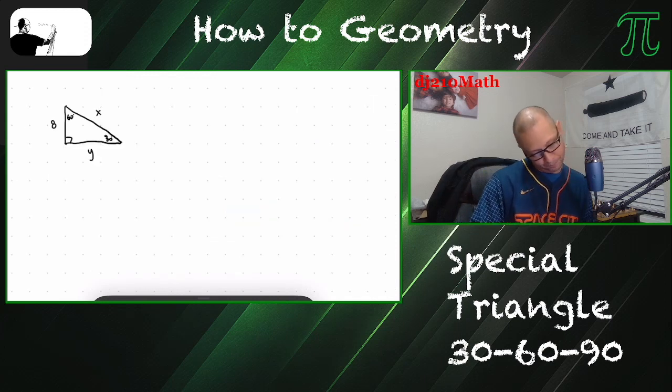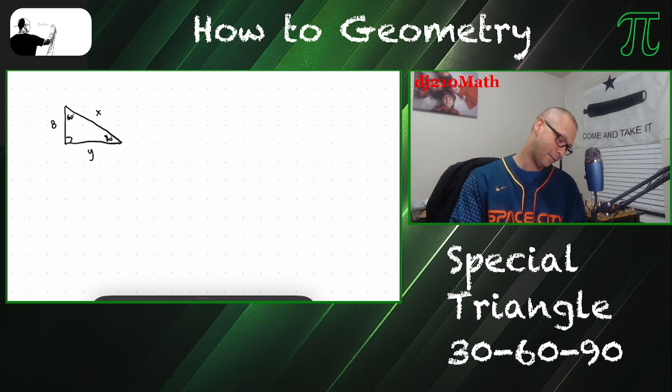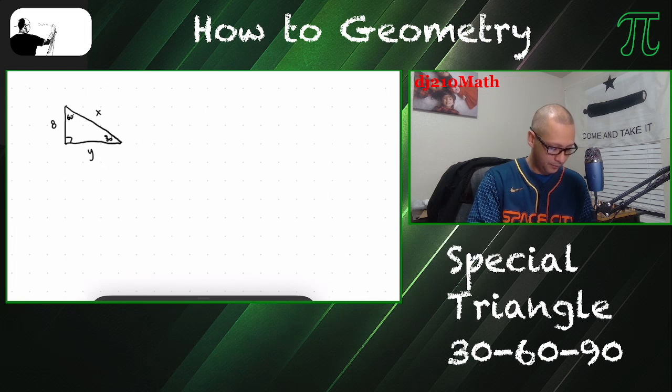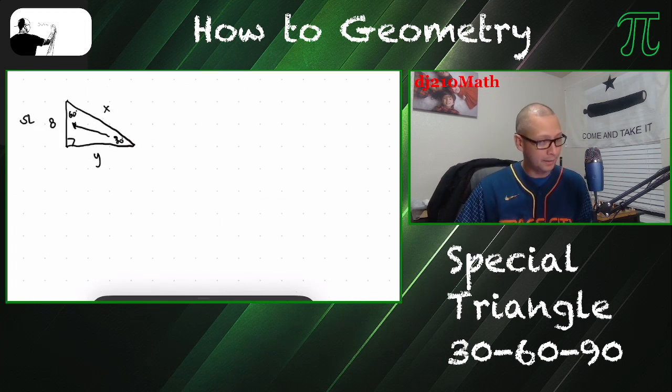In the first example, we have a 30, 60, 90 right triangle. And we're given the short leg, mainly because it's across from the small angle. So that's how we know it's the short leg. So I can figure out the long leg and the hypotenuse from here. Now let's just do the long leg.